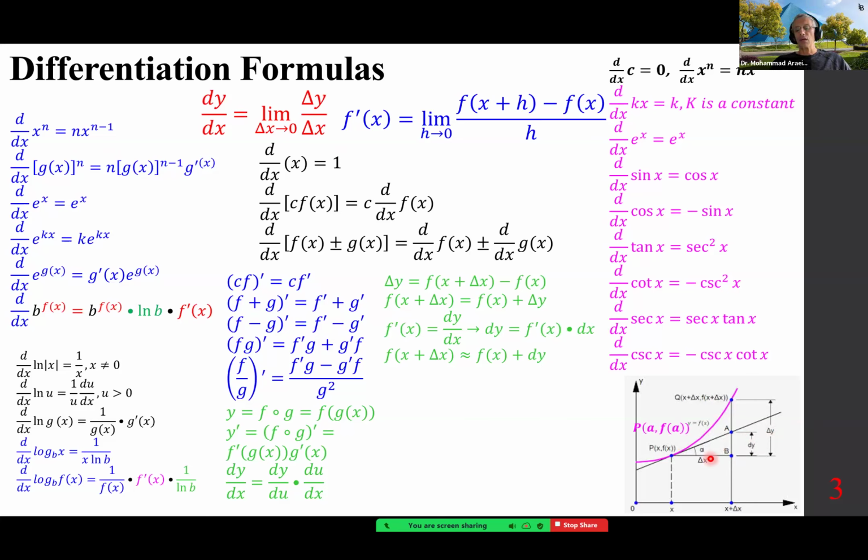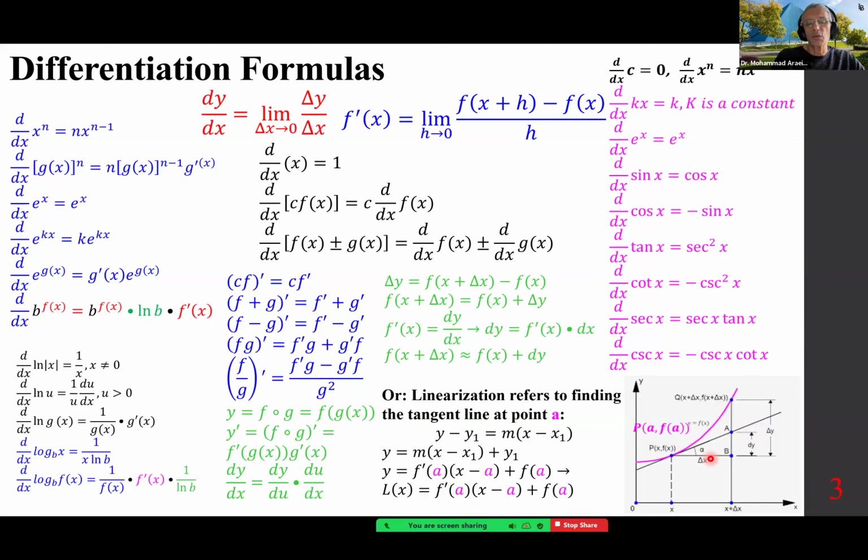Also, the concept of a linearization at this point, instead of coming up with this formula, just use the point slope, and that's the linearization, the tangent line. Meaning, at point A, whether you go with the function or L of x, they both give you the same answer. But nearby, they don't.